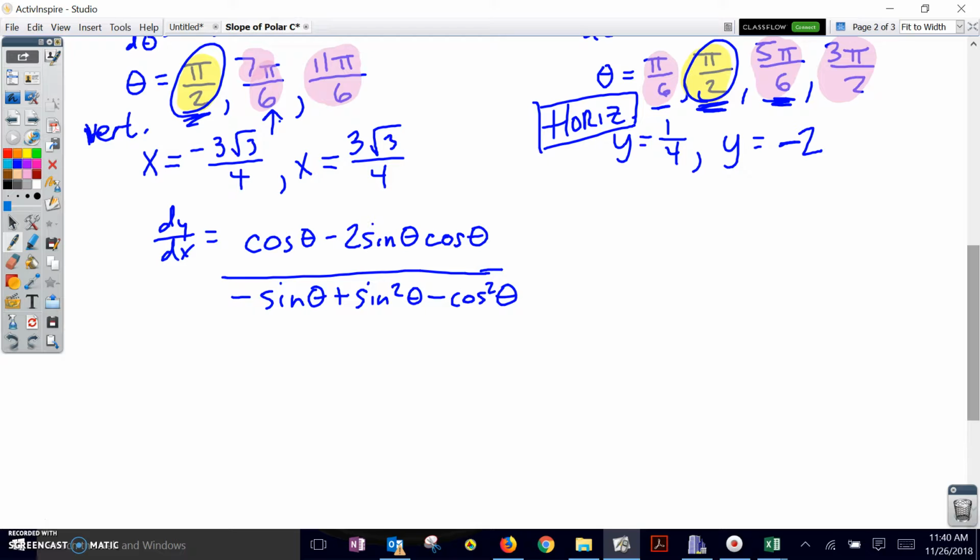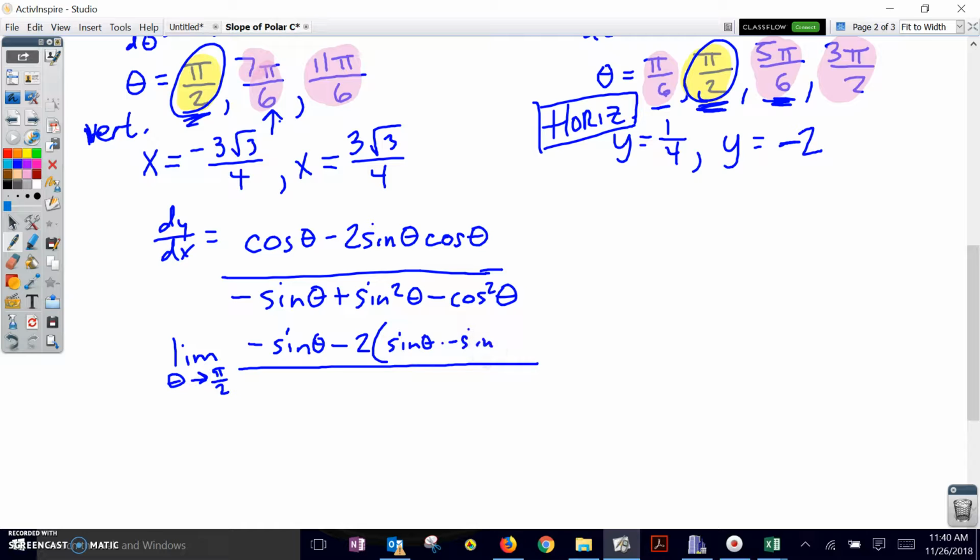And so I'm going to find the limit as theta approaches pi over 2, and now I'll just take the derivative of the numerator and the derivative of the denominator. So let's see, I've got negative sine of theta minus 2 times, and using the product rule, sine of theta times negative sine of theta plus cosine of theta times cosine of theta.